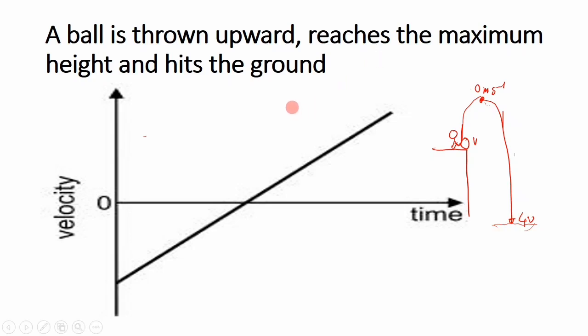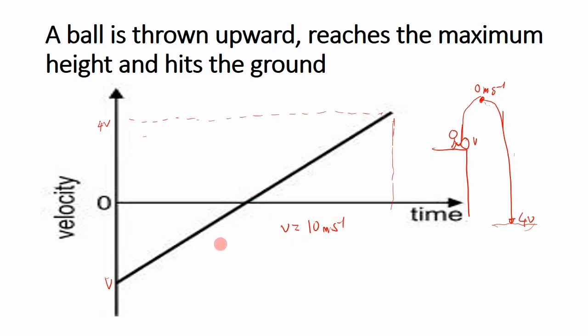So how would you indicate that in a velocity versus time graph? So this is how you have it. Let's say now our velocity here is v, right? And then it reaches that point. Then the velocity finally here will be indicated as 4v. So you can also do that with values. So if I were to give you values, let's say v is equal to 10 meters per second.